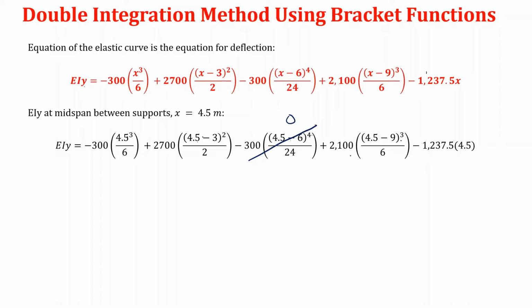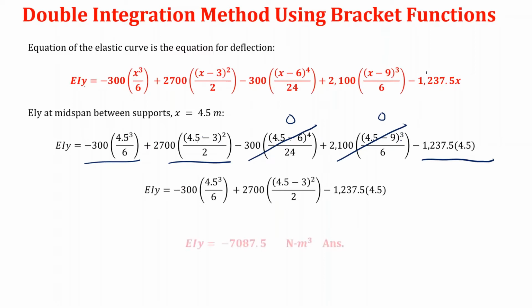And this one is not positive, so it becomes 0. So, evaluate, and finally, the answer is EIY equal to negative 7087.5 Newton meter cubed. So, just EIY, because we were not given EI. Okay? That's it.